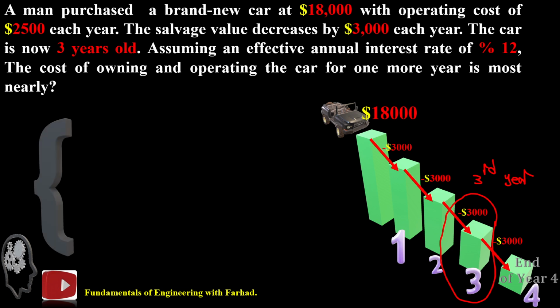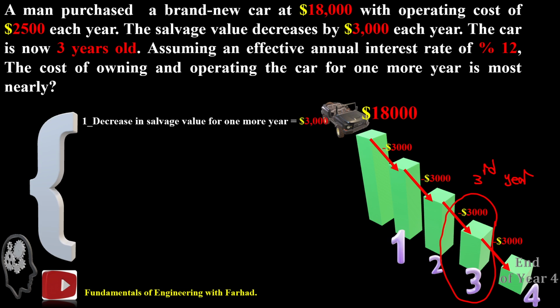Now that the car is 3 years old, there are three components to this problem. First, the decrease in salvage value for one more year, from year three to year four, which is $3,000 in terms of drop. And we have to add that to the yearly operational cost, which is a constant value of $2,500 yearly.